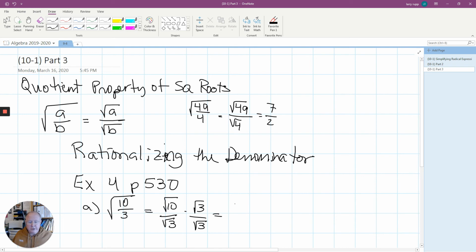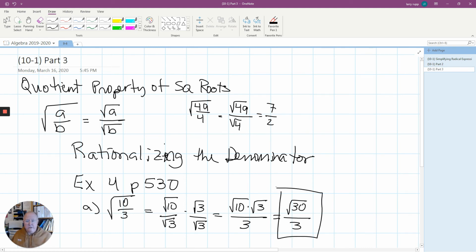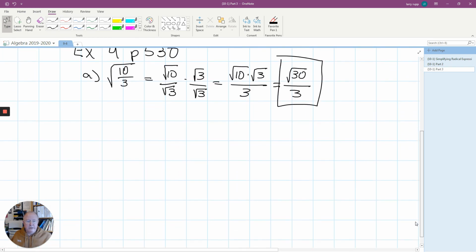So now this becomes the square root of 10 times the square root of 3 all over 3. And since neither the square root of 10 nor the square root of 3 can be simplified, you combine them. The square root of 30 over 3. This is called rationalizing the denominator.